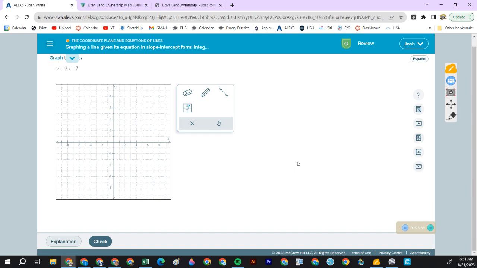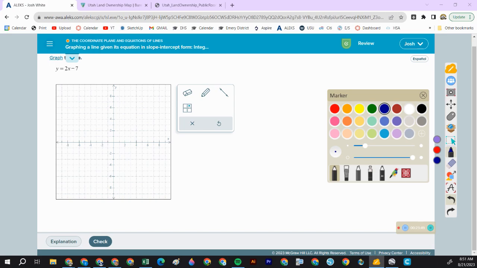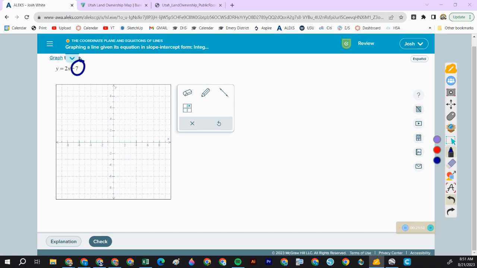Do you remember how to graph slope-intercept form? Y equals 2x minus 7. So this is your y-intercept. So we put -7 on the graph, and then that is the slope. And don't forget, slope is rise over run. How do you remember that?